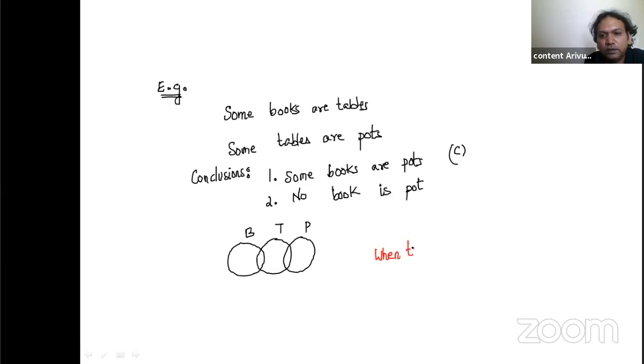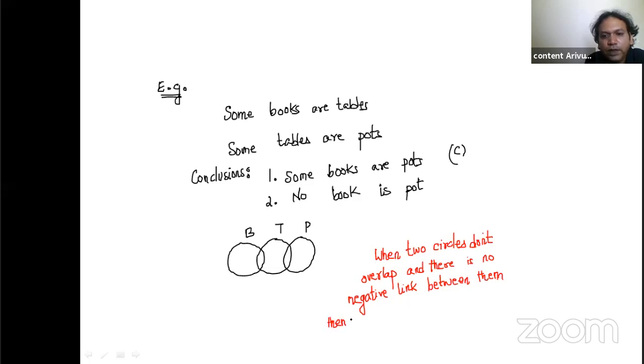When two circles don't overlap and there is no negative link between them, then they may or may not overlap.